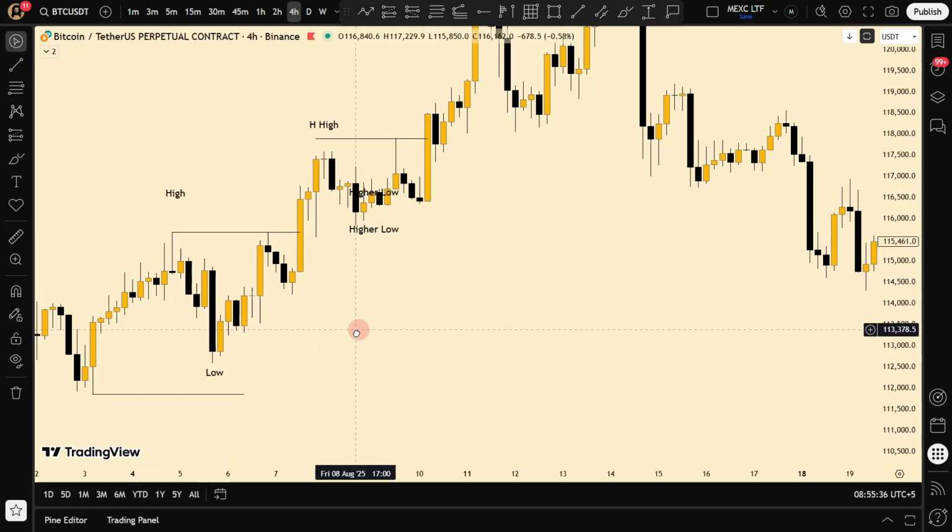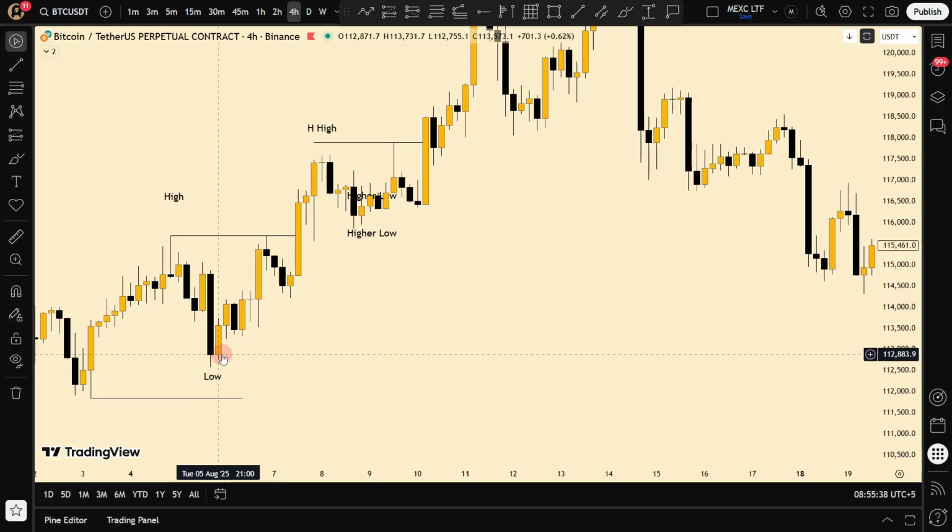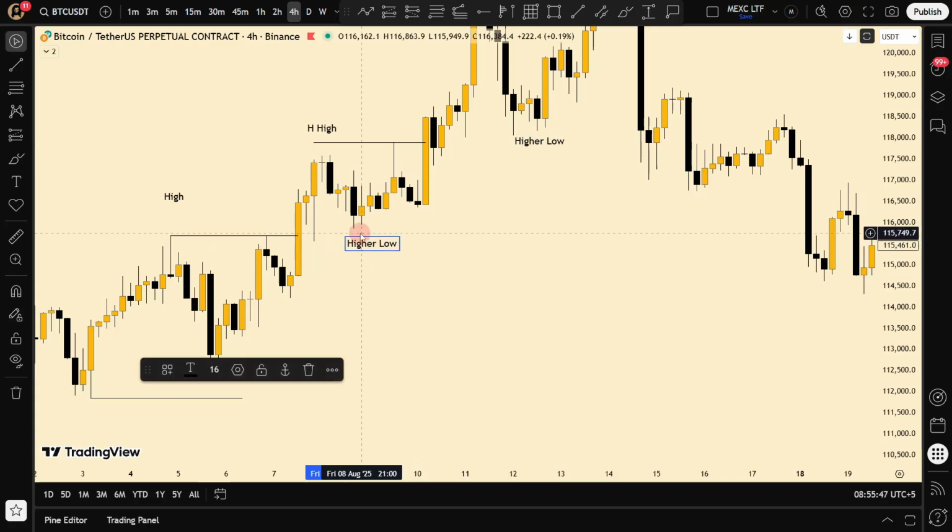And similarly to the lows, this is the most obvious low that we can see before a break of structure to the high. And similarly over here again, this is the low that resulted in the high. This is the most obvious low.